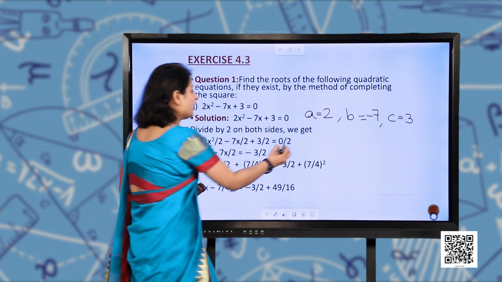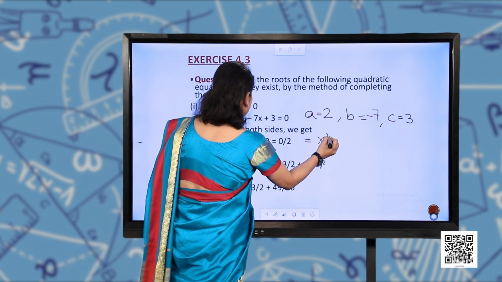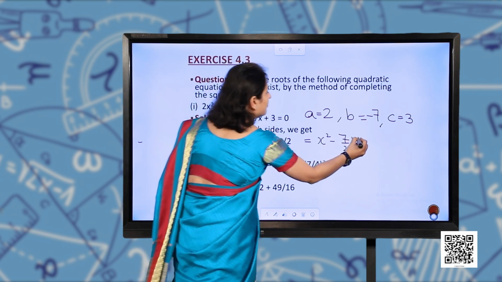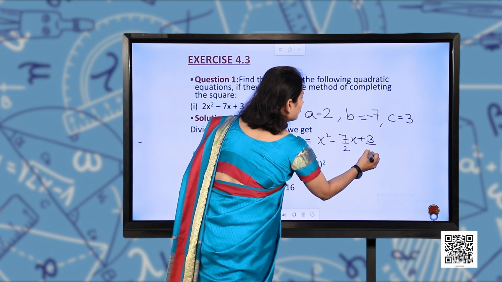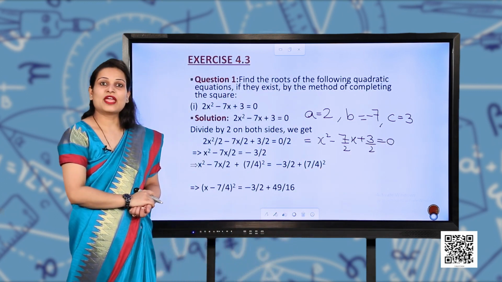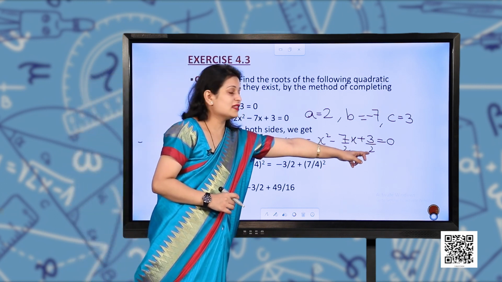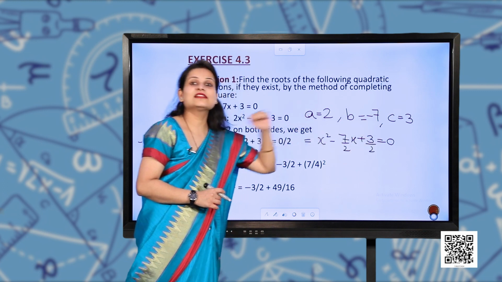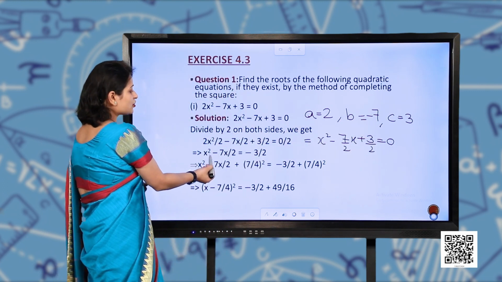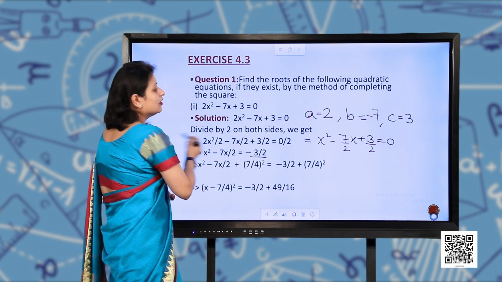So, you will get x square minus 7 by 2x plus 3 by 2 equals to 0. Now, what we have to do? We have to transpose c, which is 3 by 2, to the right hand side of the equation. So, what will you get? X square minus 7x by 2 equals to minus 3 by 2.